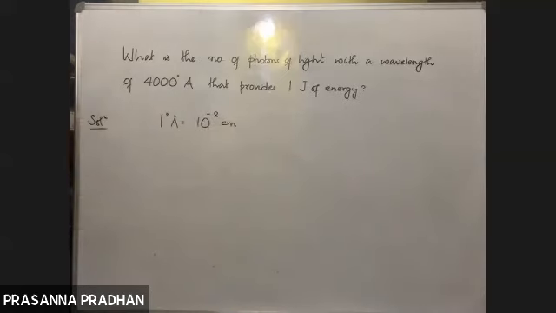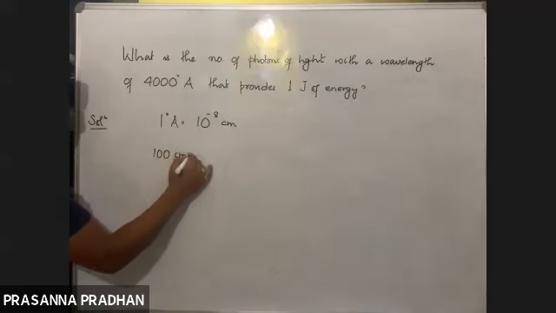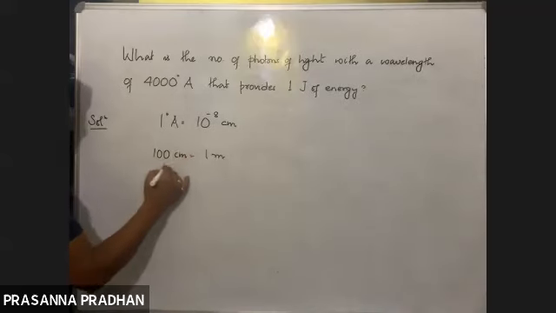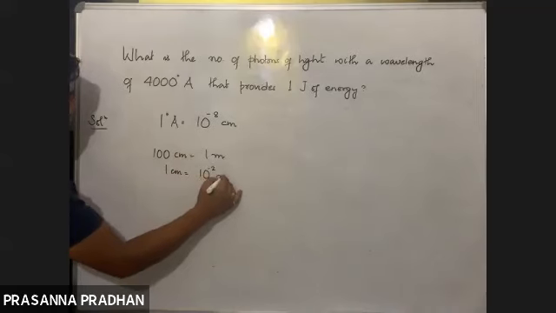And how will you convert centimeter into meter? 100 centimeter equals 1 meter, or 1 centimeter equals 10 to the power minus 2 meter.